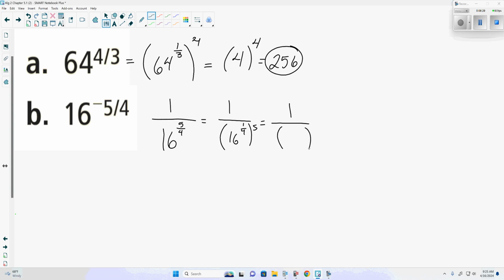Fourth root of 16, 16 to the 1/4. What times itself 4 times is 16, which would be 2. That's it. Or we could have typed in 16 to the negative 5/4 and it would have given us 1 over 32.